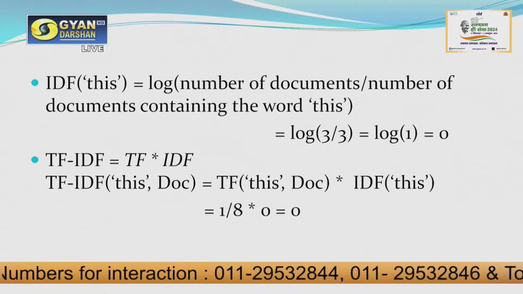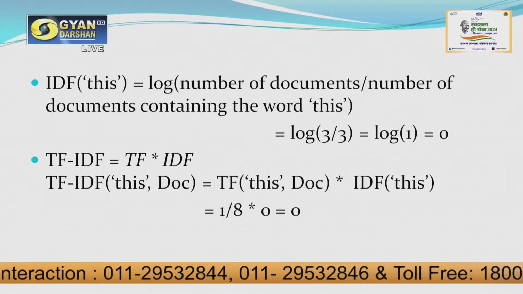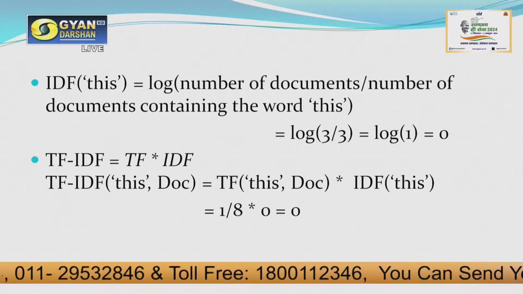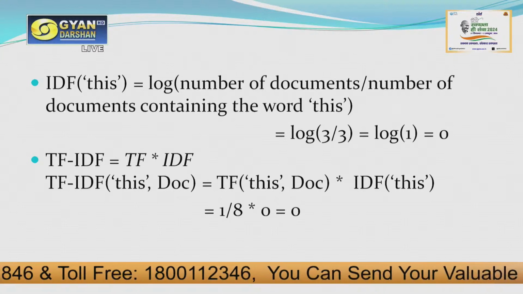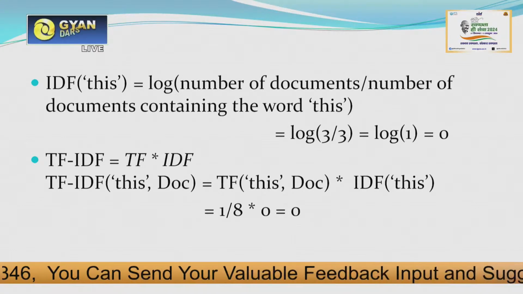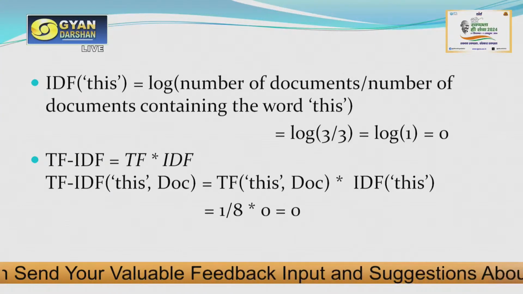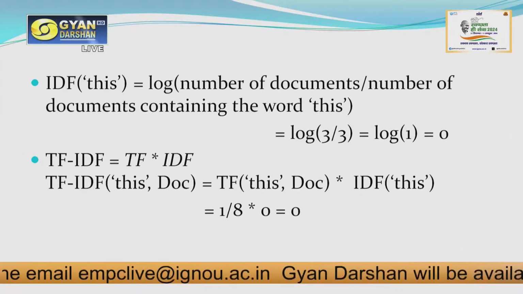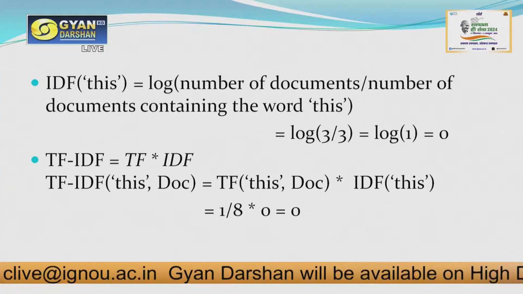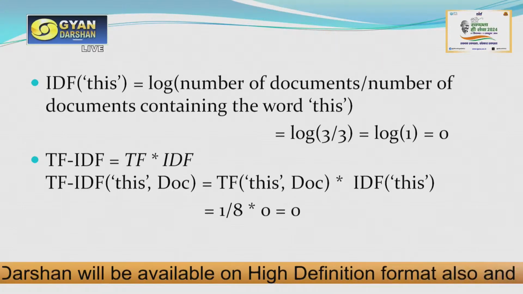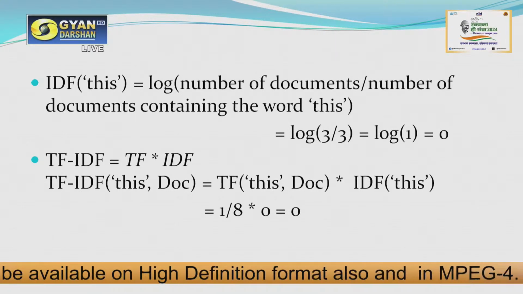For IDF, the number of documents altogether is 3 in the previous example, divided by the number of documents containing the word "this", which is 3, since "this" appears in all 3 documents. So log of 3 by 3, IDF, is 0. So TF with the IDF is 1 by 8 into 0, which is equal to 0. This is how we calculate the TF and the IDF.